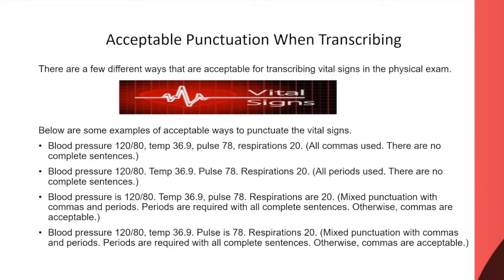But now it goes on to say respirations are 20, so you would put a period before respirations, because that's a complete sentence. Periods are required with all complete sentences.